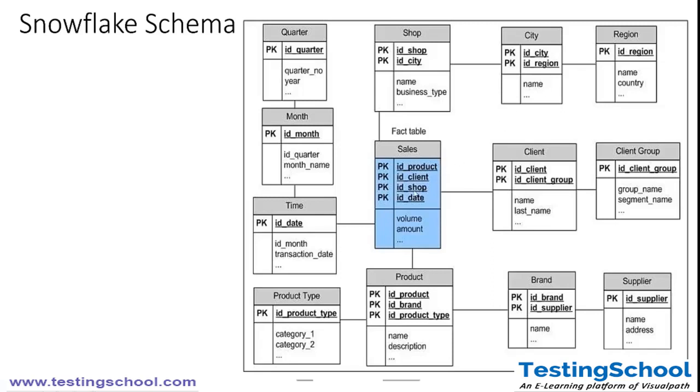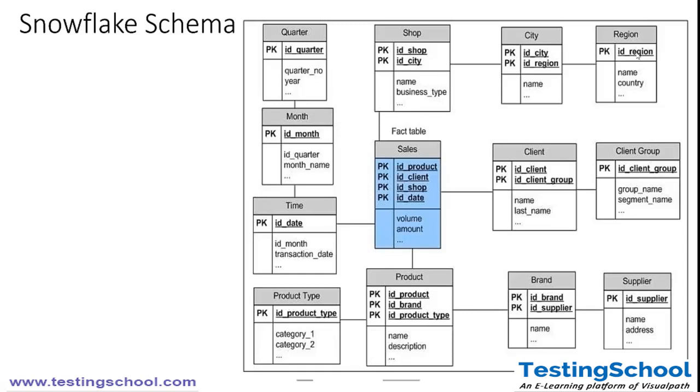From sales, you select ID shop, which has ID city as the primary key, which is connected to the city dimension, and which has ID region as one of the other primary keys, which will connect to the region. Now this can still expand from region. It can go to state, it can go to country, it can go to the continental areas like APAC, Europe, America, etc. Right?